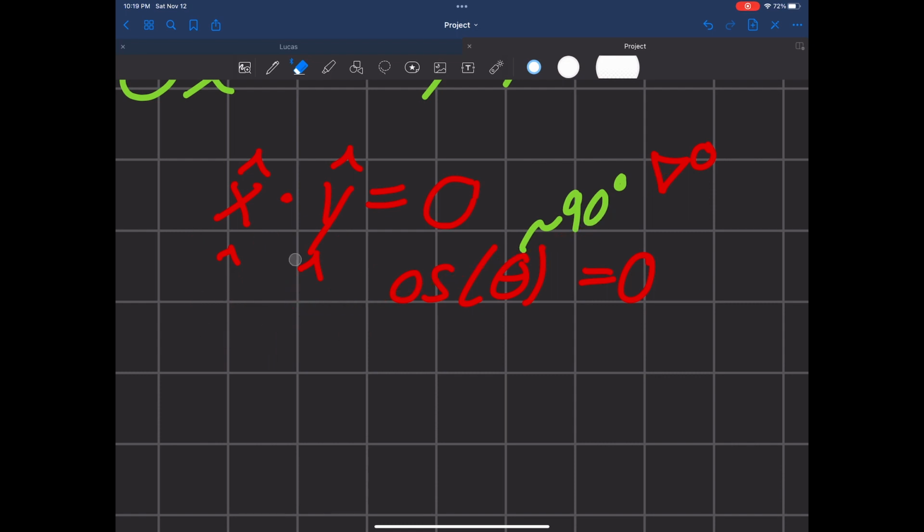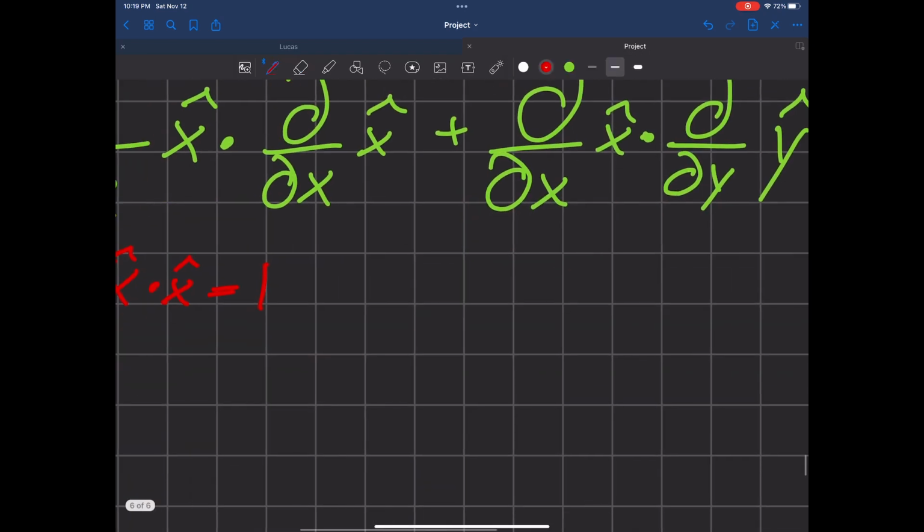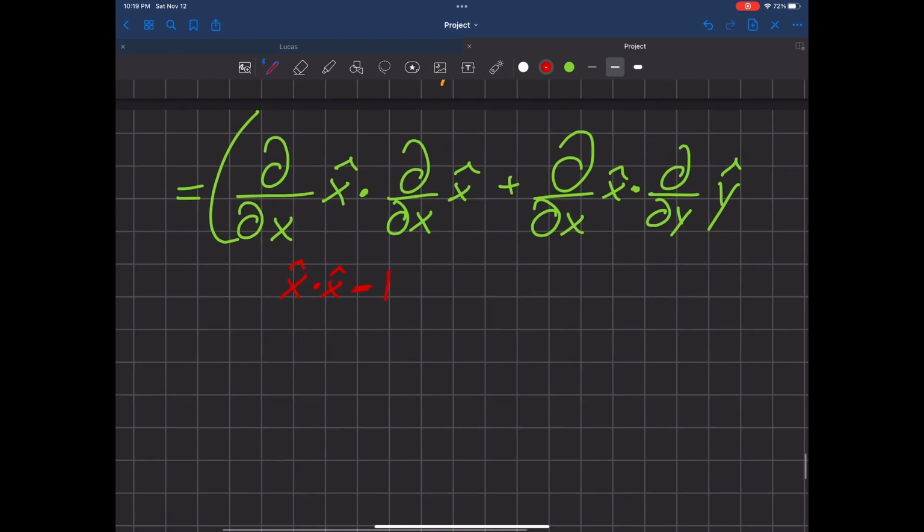So there are many different ways to prove this kind of stuff and to conceptualize it, but at the end of the day, the most important thing is that if you have two orthonormal bases, meaning two vectors that are at 90 degrees to each other, if you do the dot product, you get 0. If you have ones that are along the same direction, you get 1, assuming their magnitude is 1.